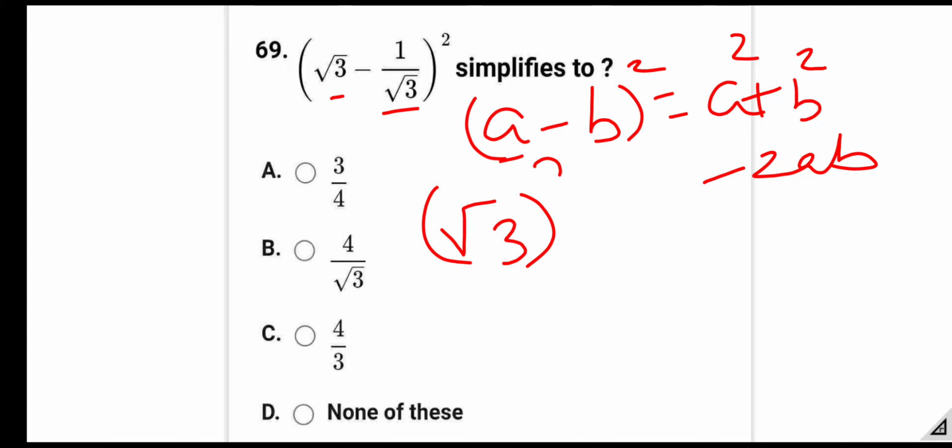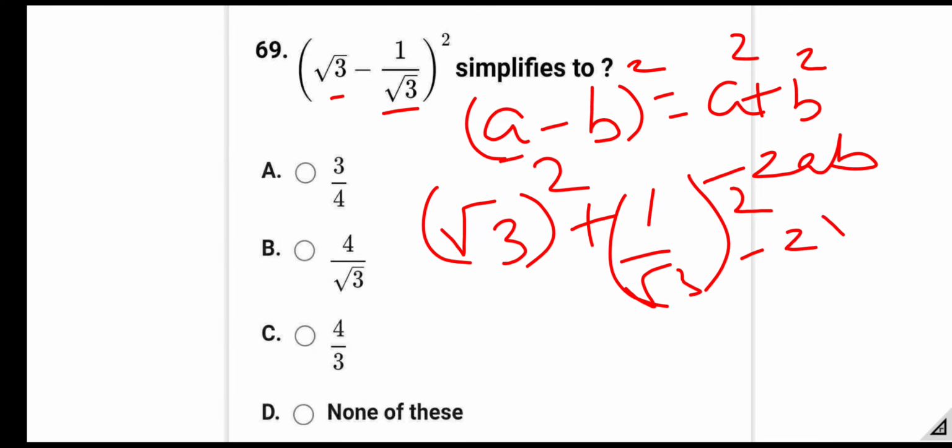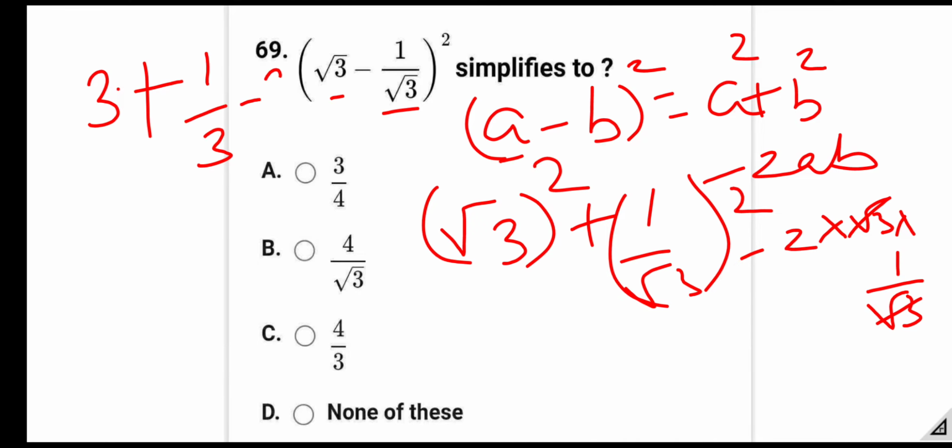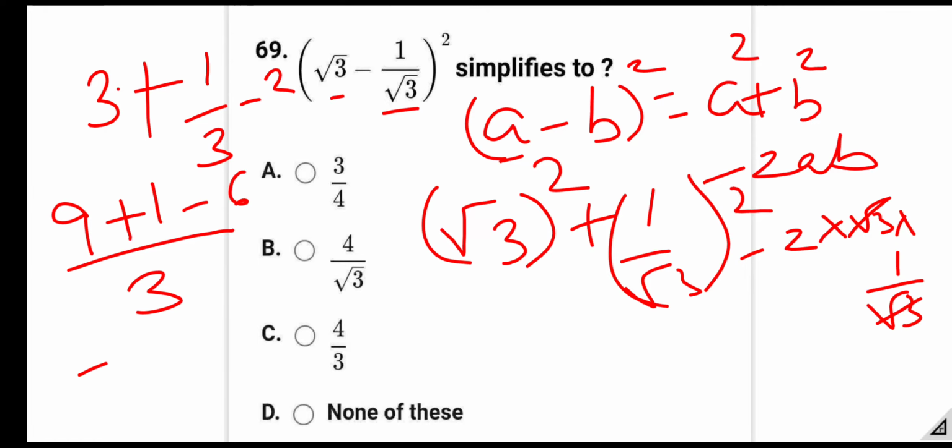That is under root 3 square plus 1 by under root 3 square minus 2 multiplied by under root 3 multiplied by 1 by under root 3, and the under root 3 cancels. Under root 3 square is equal to 3, plus 1 by under root 3 square is equal to 1 by 3, minus 2. Now by taking the LCM, 3, we get 9 plus 1 minus 6, that is equal to 10 minus 6, that is 4 by 3. So C is the right option.